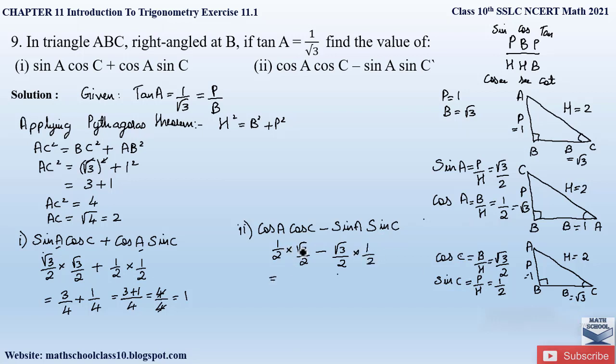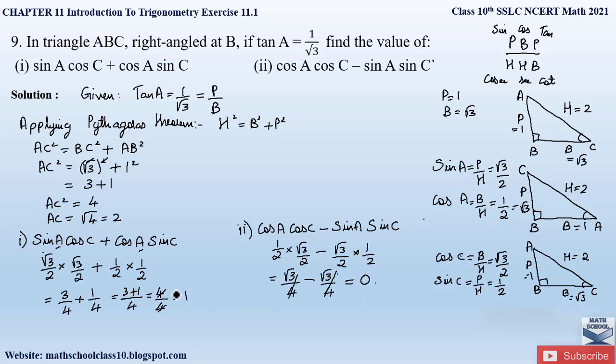Simplifying further, √3 into 1 will be √3 by 2 into 2 is 4, minus √3 into 1 is again √3 divided by 2 into 2 is 4. So we have here plus √3 by 4 and minus √3 by 4, which will cancel out and the result will be equal to 0.